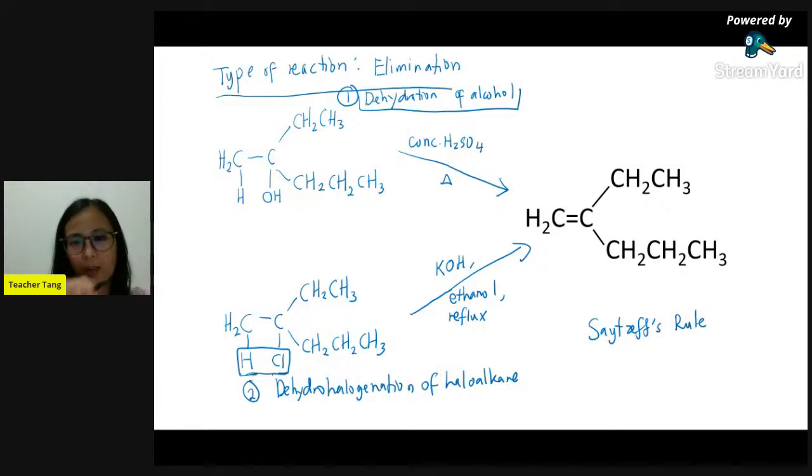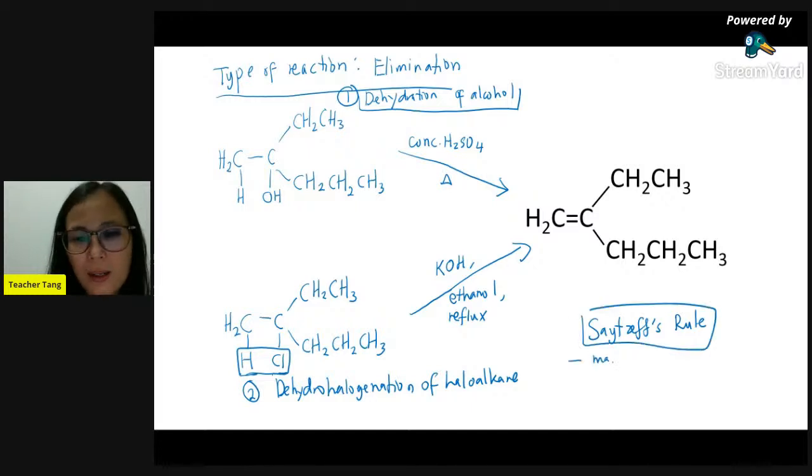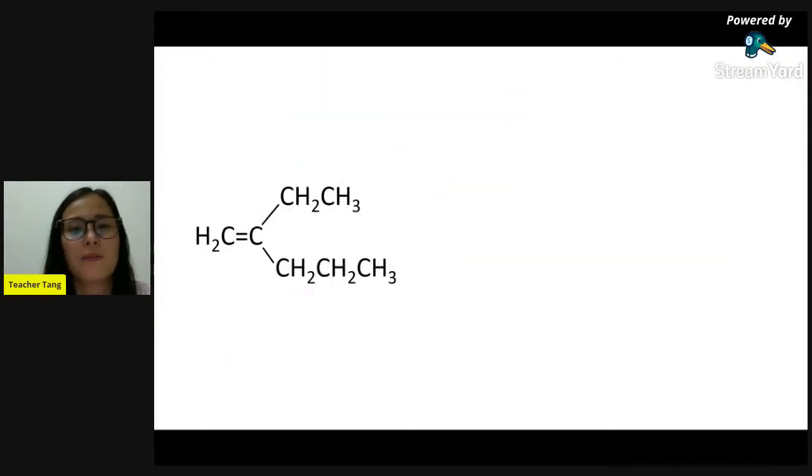So Saytzeff's rule determines major products. So this is how to prepare alkene.